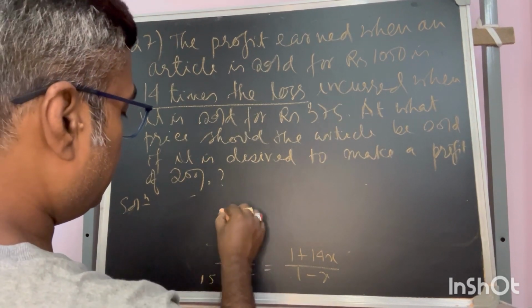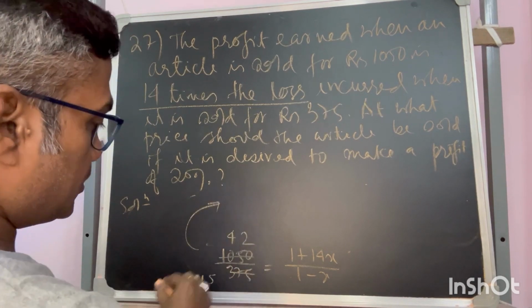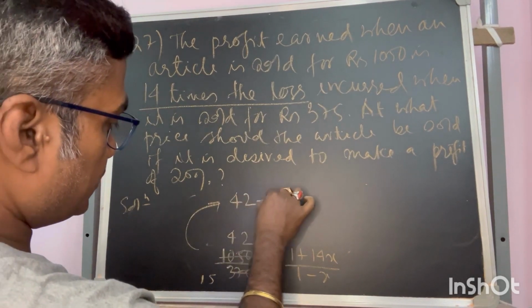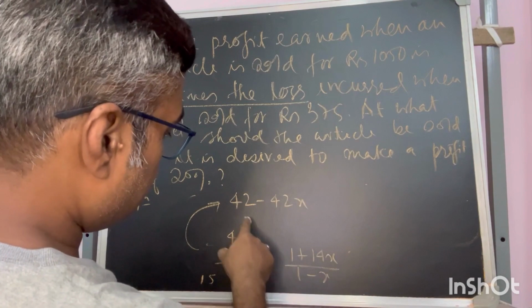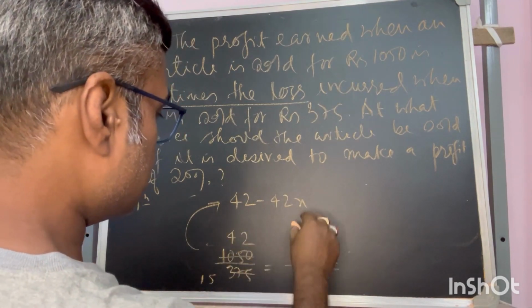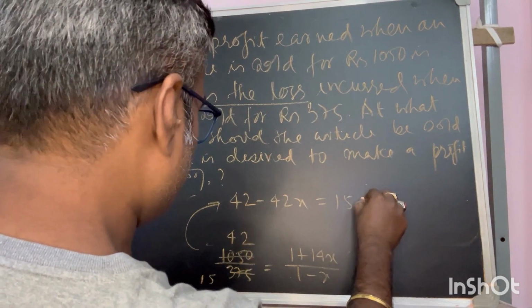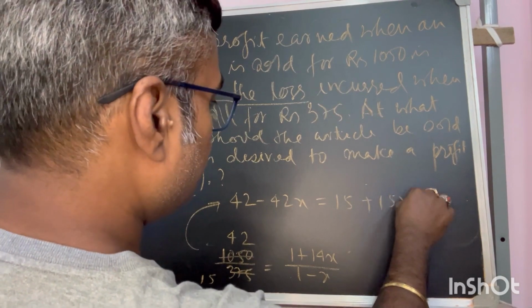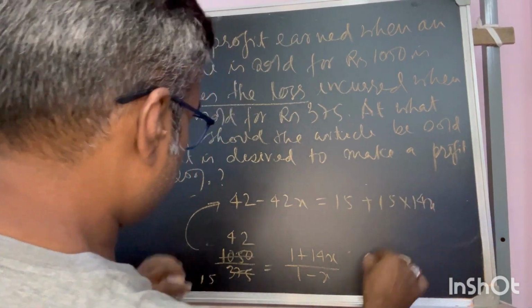If I multiply, 42 minus 42x is equal to 15 plus 15 into 14x.